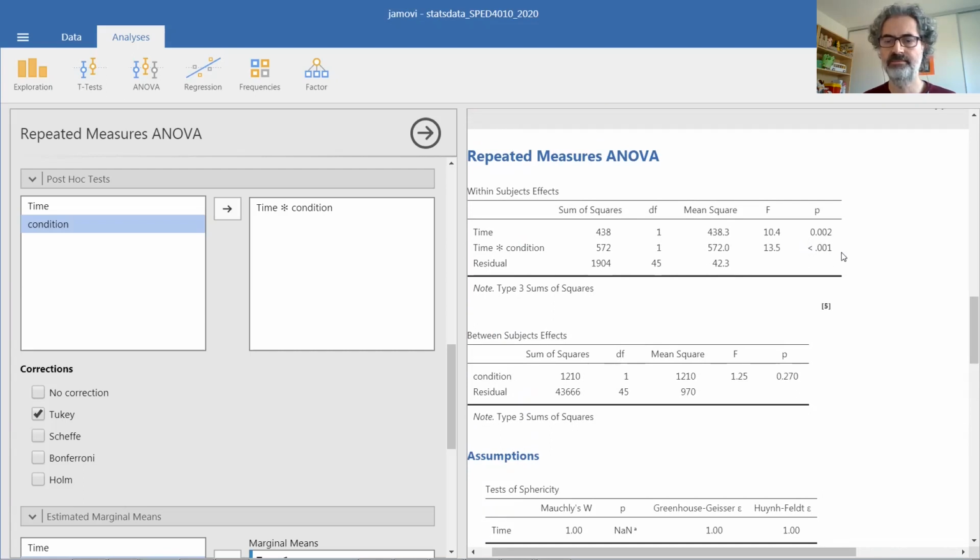In addition, we see that there is a main effect of time, which means that on average, all children considered together, the fluency score after the intervention was higher than the fluency score before the intervention. However, it would be wrong to state that in the conclusion. It is actually not possible to interpret main effects in the presence of significant interactions.